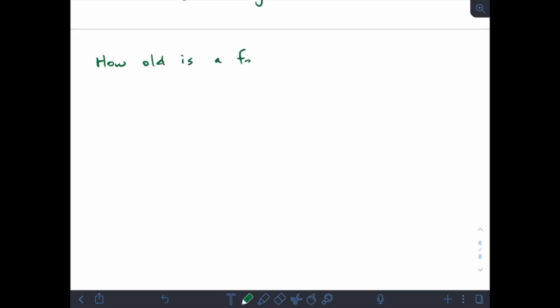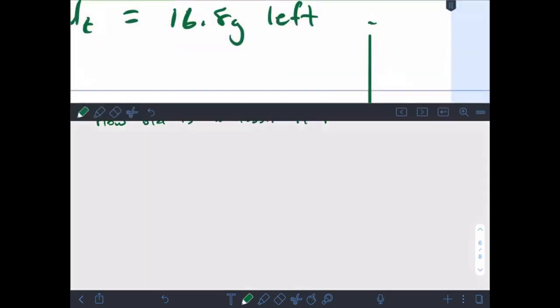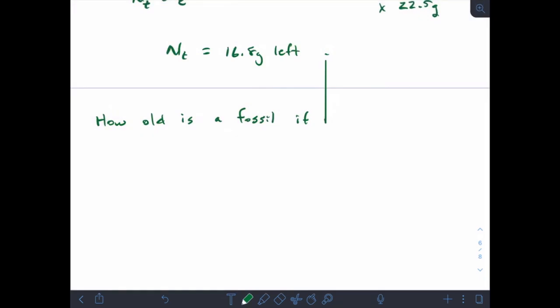How old is a fossil if it has 36.2% carbon-14 left?